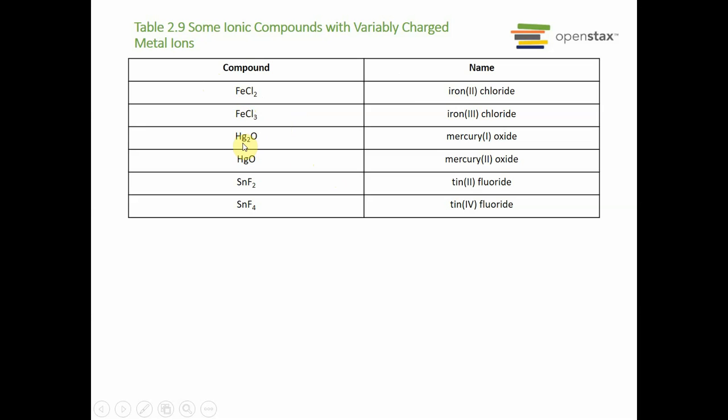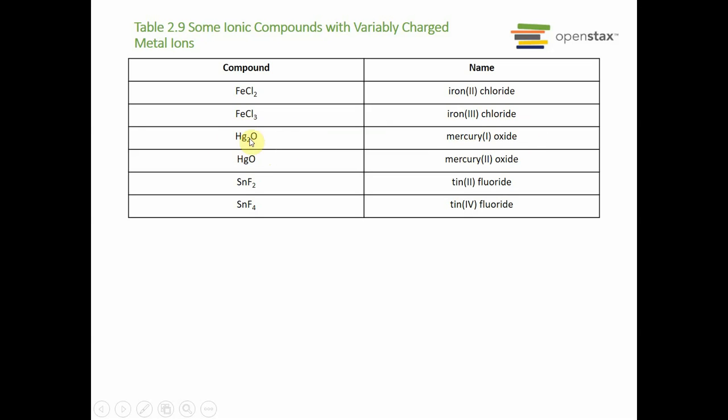This one is a little bit strange. Even though Hg2 has a 2+ charge, that 2+ is distributed among 2 mercury atoms. So it's as though each one had only 1 charge. So it's mercury(I) oxide is the name.